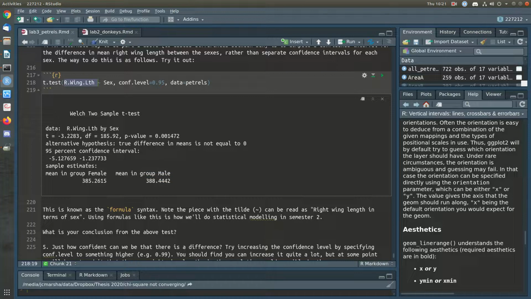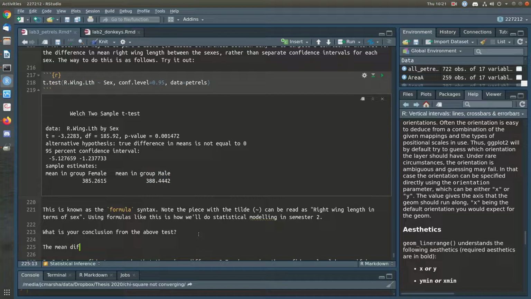And so you could see from this that the mean difference between the two would be 385.23 minus 388.4, which is going to be about 3.1. So the mean difference in right wing length between male and female birds in our sample is 385.26 minus 388.44, which is about 3.1 millimeters.